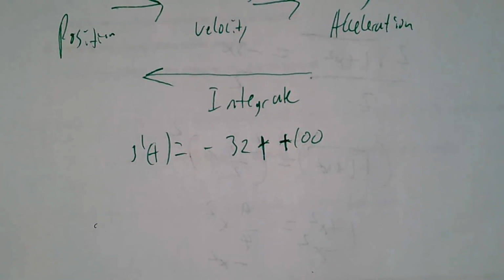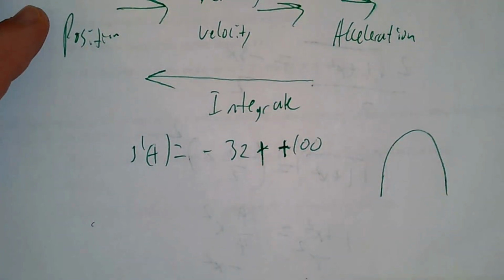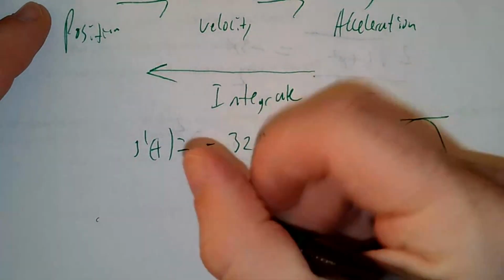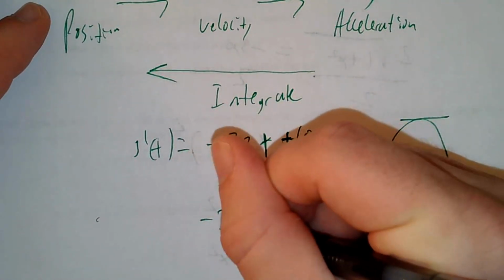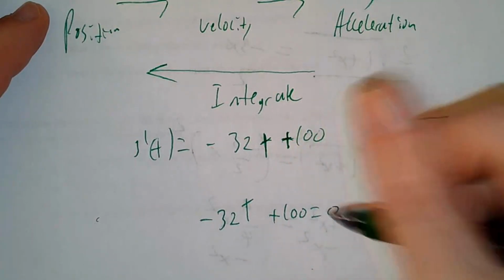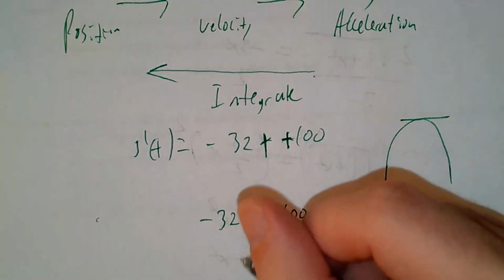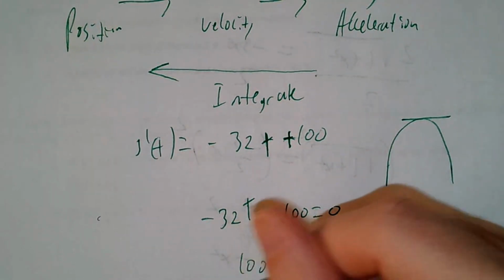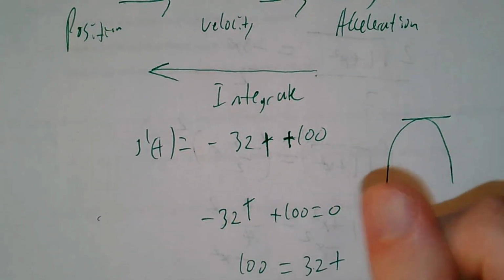Then, just like the other ones, visually what's going on here is you're finding where it hits the peak. So we just need to find when this is 0. So we have negative 32t plus 100 equals 0. That's 100 equals 32t, and then divided by 32, divided by 32.